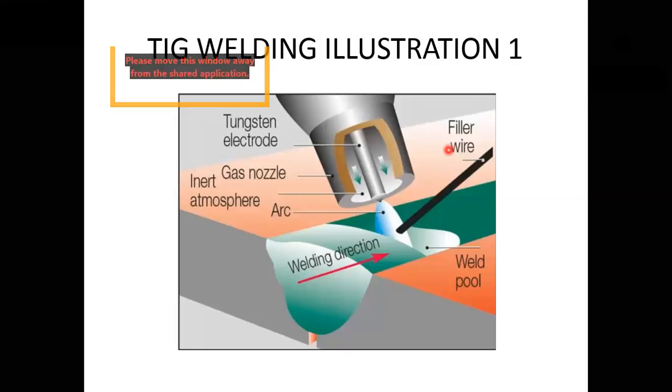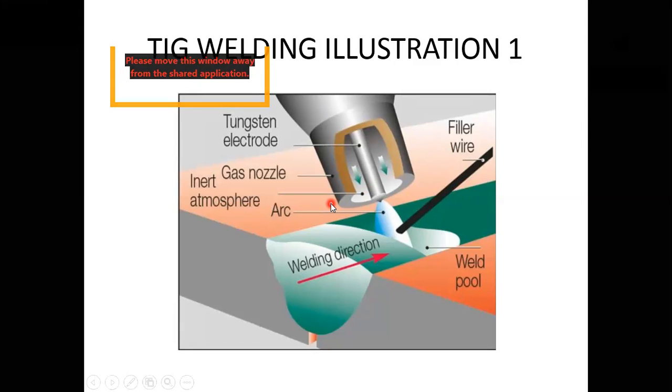So this one is a beautiful sketch of the tungsten inert gas welding. You see that the cross section is shown very clearly. This is the tungsten electrode. This is the arc. This is the filler material, and this is the gas nozzle through which we are supplying inert gases. Outside is the atmosphere. An inert atmosphere is provided here.